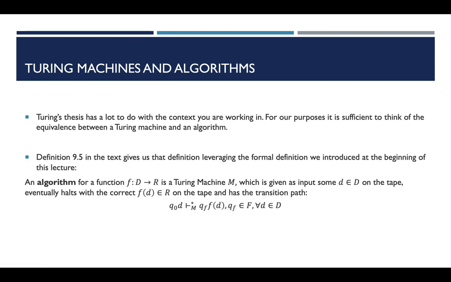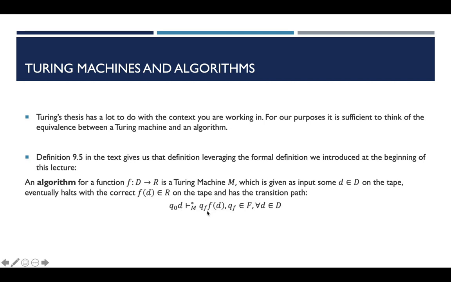What this little math bit is saying is that I can start with some q0, and the tape can originally have some element of my domain, so some input string on it. After some number of steps, so the Kleene star of configurations of my machine M, I'm ultimately going to end in some final state that is followed by the range element that is mapped to that element of the domain.